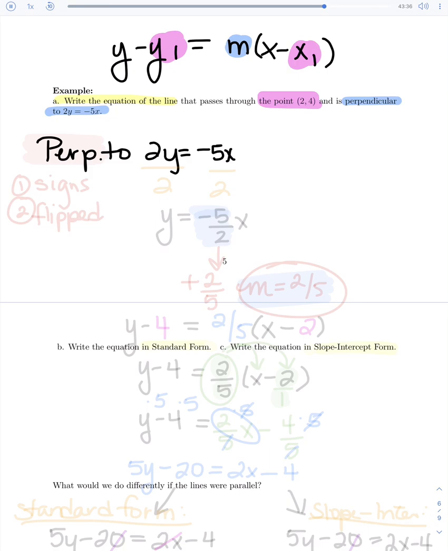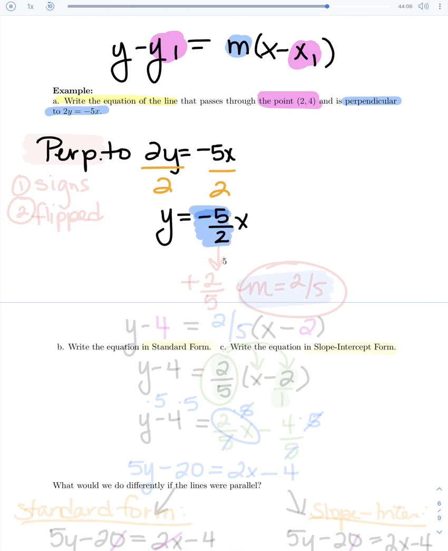Remember, its slope is whatever's in front of the x, as long as it's in slope-intercept form, y equals mx plus b, which means I need to solve this for y. I'm going to divide both sides by 2, and that will get me the equation y equals negative 5 halves x, which means the slope of this line is negative 5 halves.